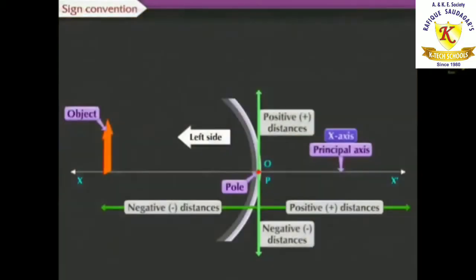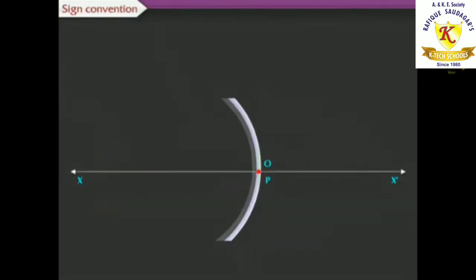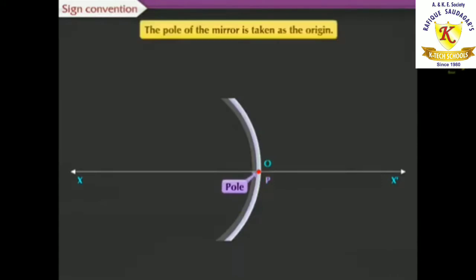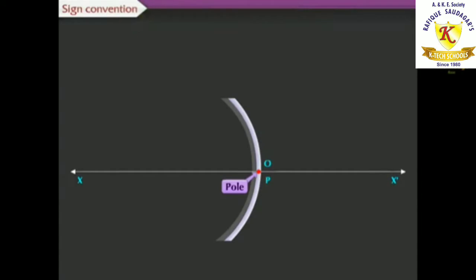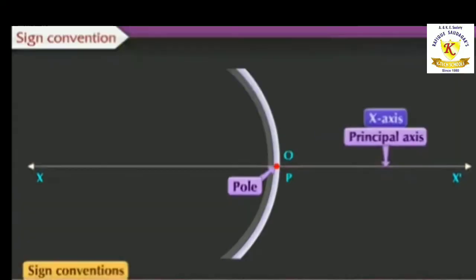So children, sign convention. In our previous standard, we learnt the Cartesian sign convention used for spherical mirrors. Here, the pole of the mirror is taken as the origin and the principal axis is taken as the x-axis.